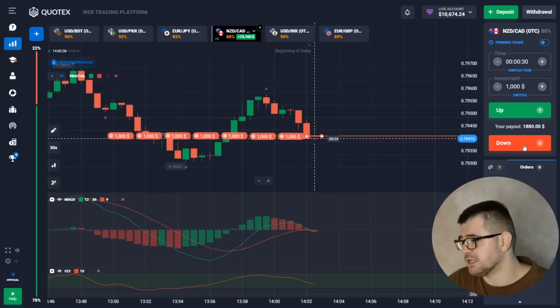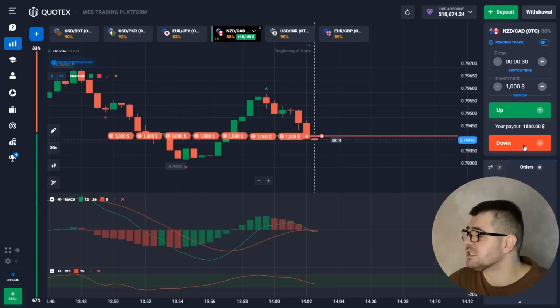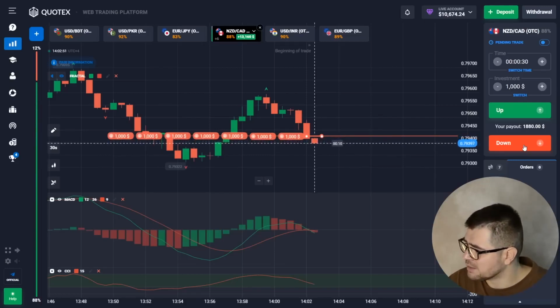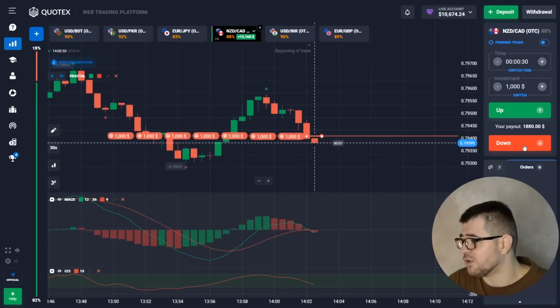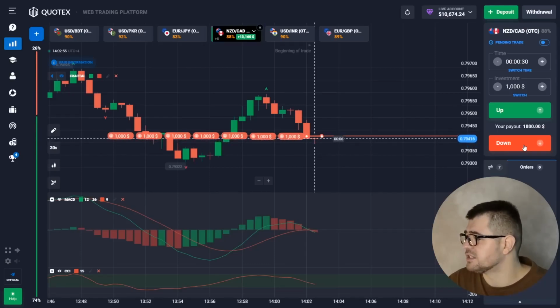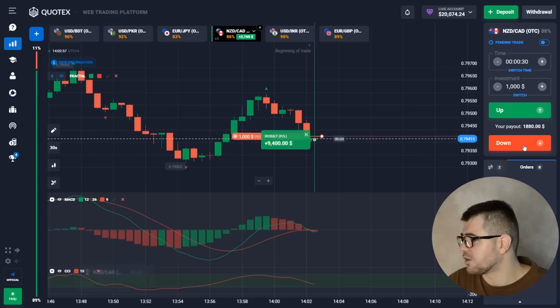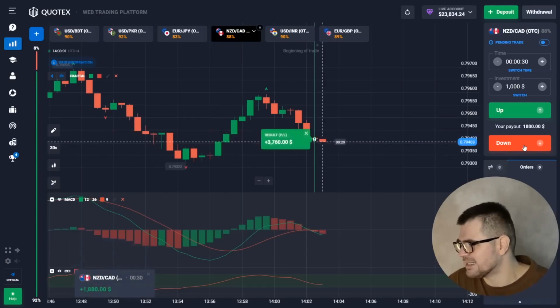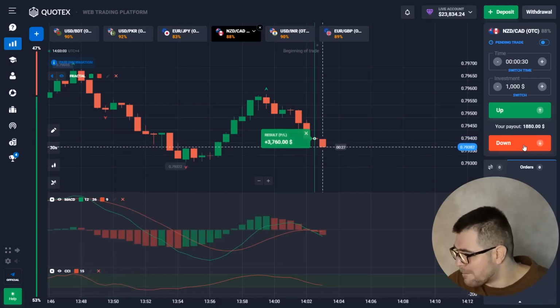The MACD has now crossed the slower line. The graph itself is giving us hints that the price is going down, so the bearish trend is forming, maybe even continuing. So in 30 seconds, as you can see, we just made another awesome amount.